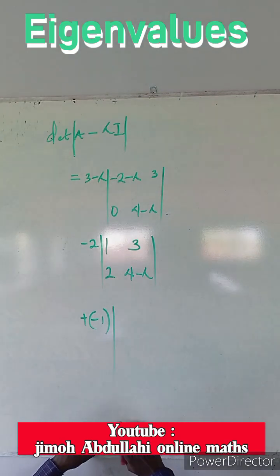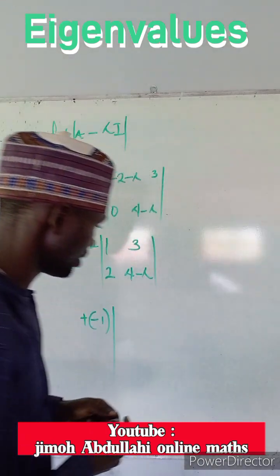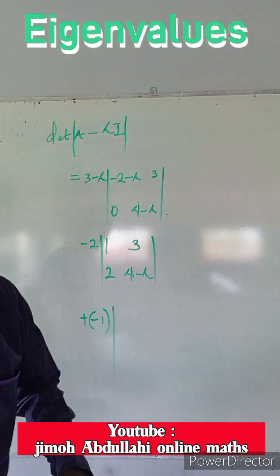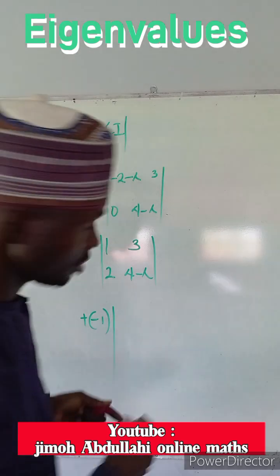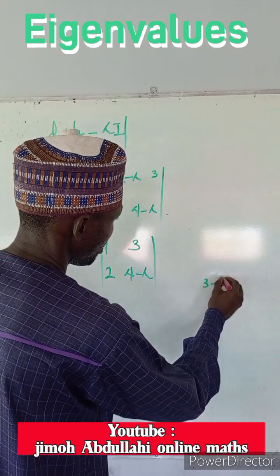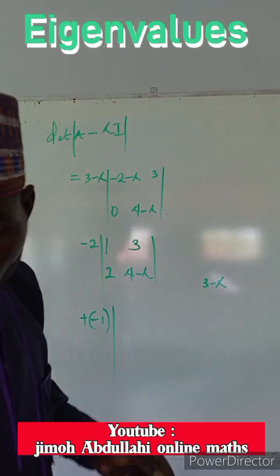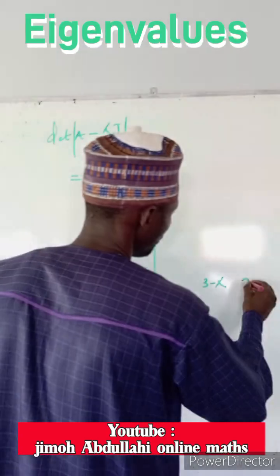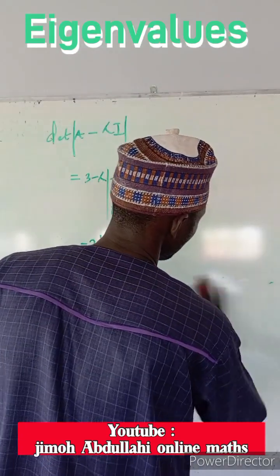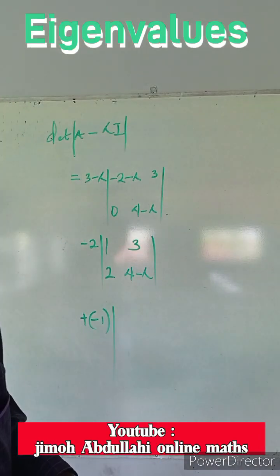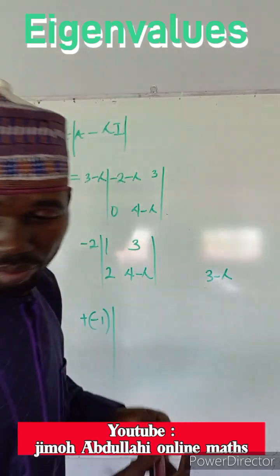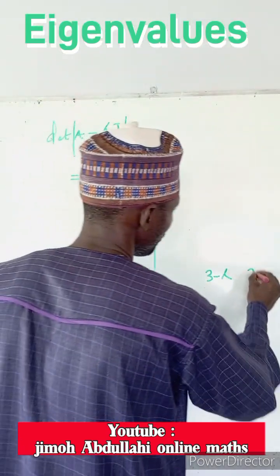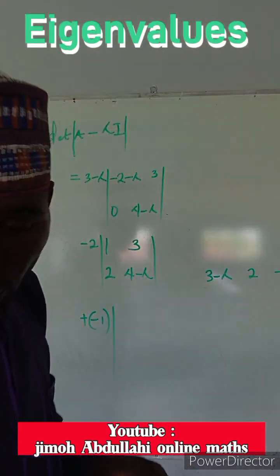Can we repeat it so that we can get it? We have 3 minus lambda. We have 2. We have minus 1.